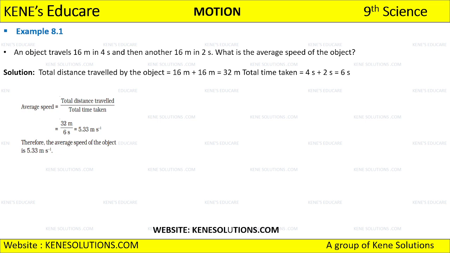So this is the solved example on how we have to exactly calculate the average speed of the object using the formula total distance traveled upon total time taken, right? So I want you all to please go through it quickly.